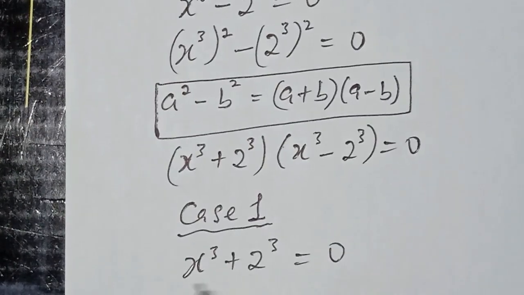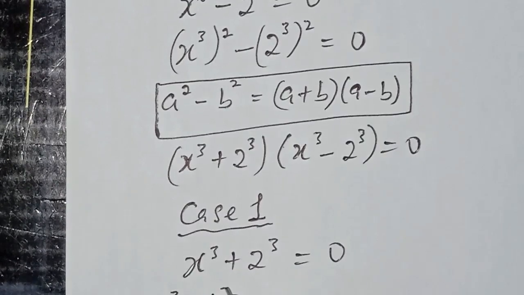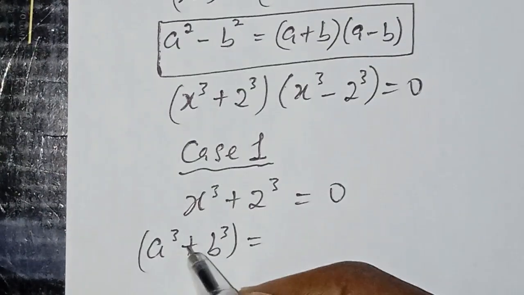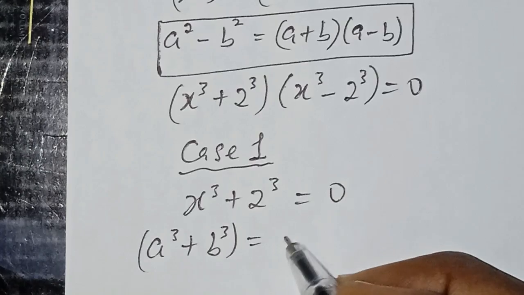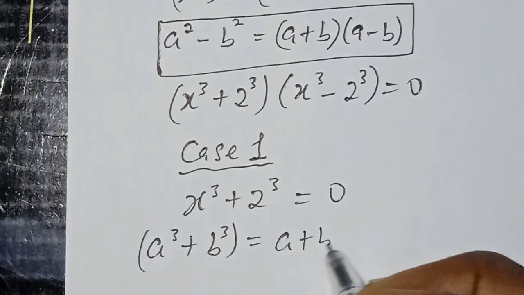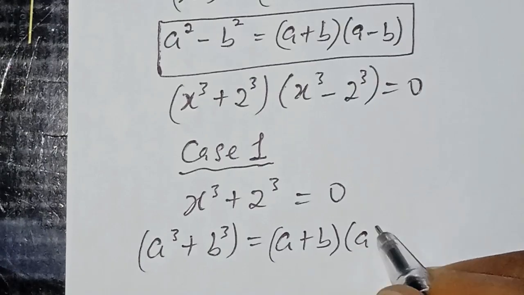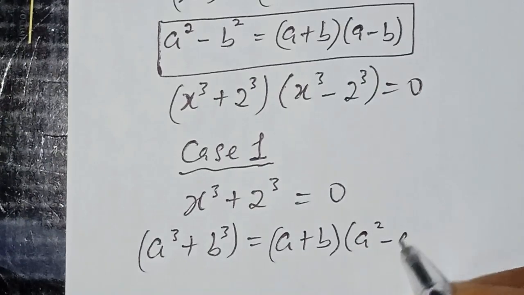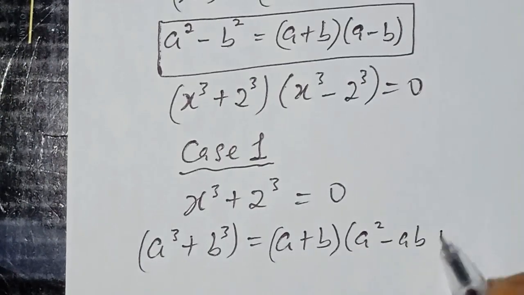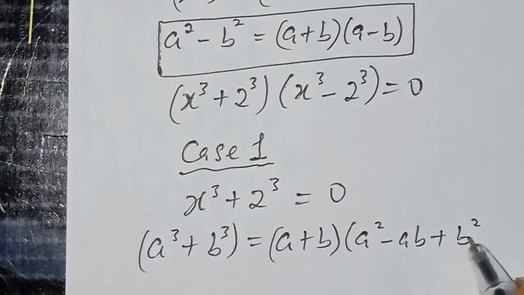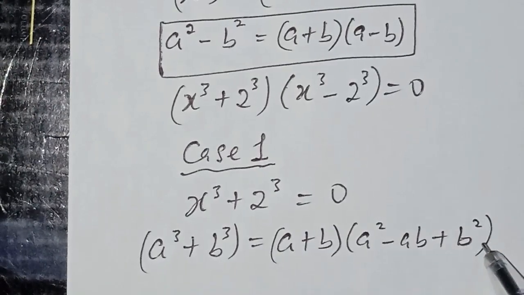We simplify this by considering the identity a cubed plus b cubed, which is factorized as a plus b into bracket a squared minus ab plus b squared.